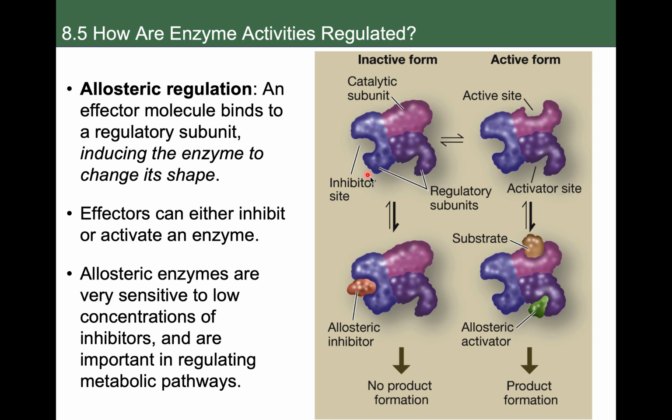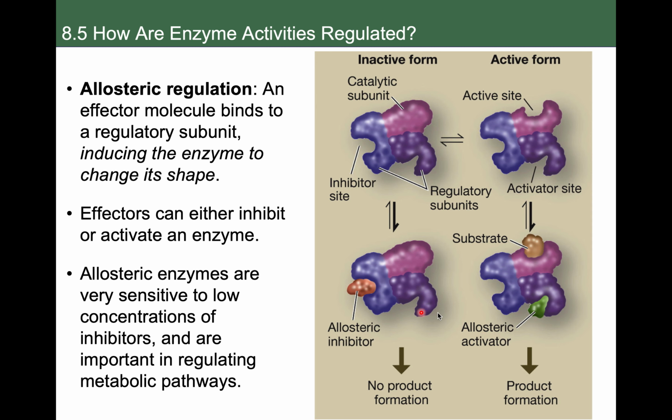So here's an example of an allosterically regulated enzyme, just kind of a generic cartoon. And you can see the active site is up here in what's called the catalytic subunit, which is kind of the light purple subunit portion of the enzyme here. And we can see up top here there's these two different shapes, two different forms of the enzyme. Again, that's that allostery. So we have the active form where we do have this active site where substrate can bind, and then on the left we have the inactive form where the active site is basically gone, so obviously it can no longer bind to substrate.